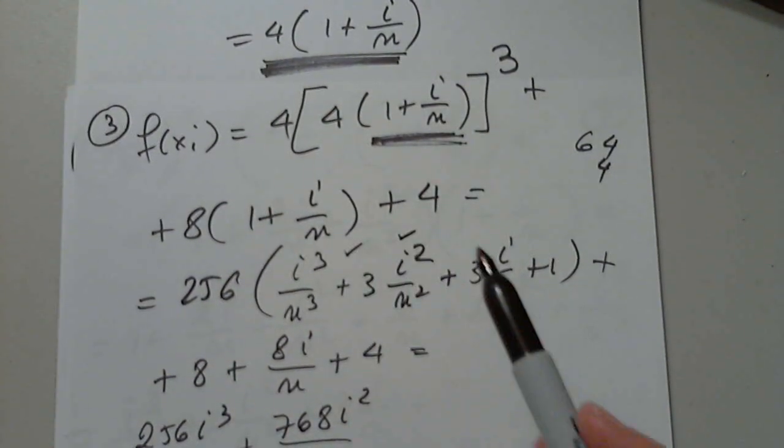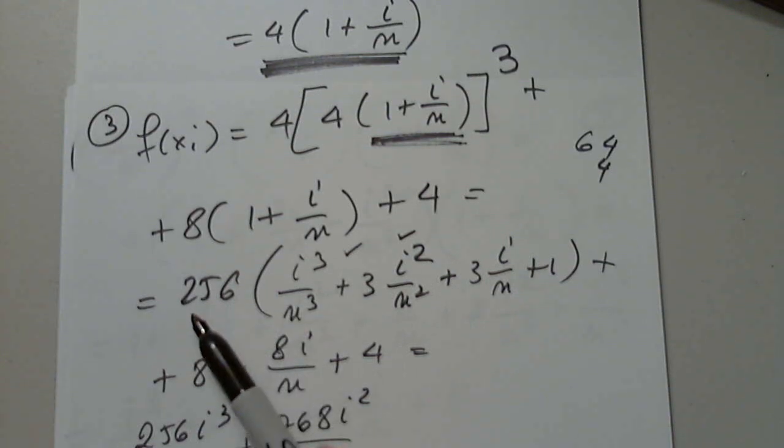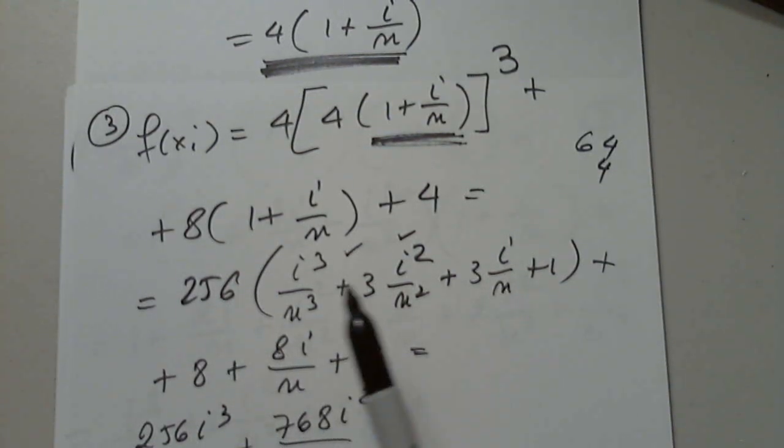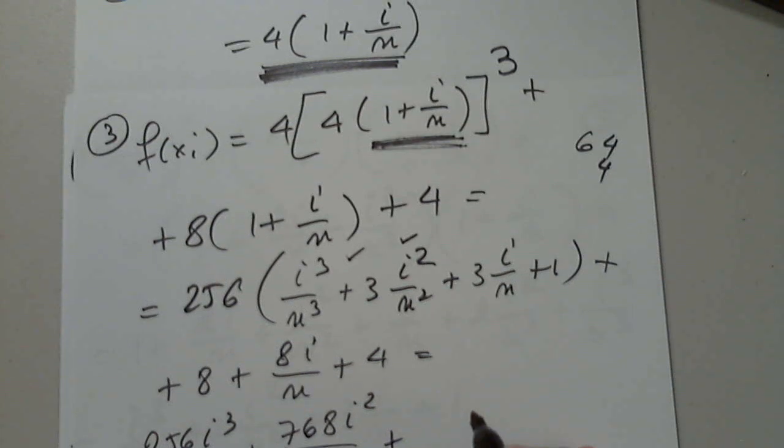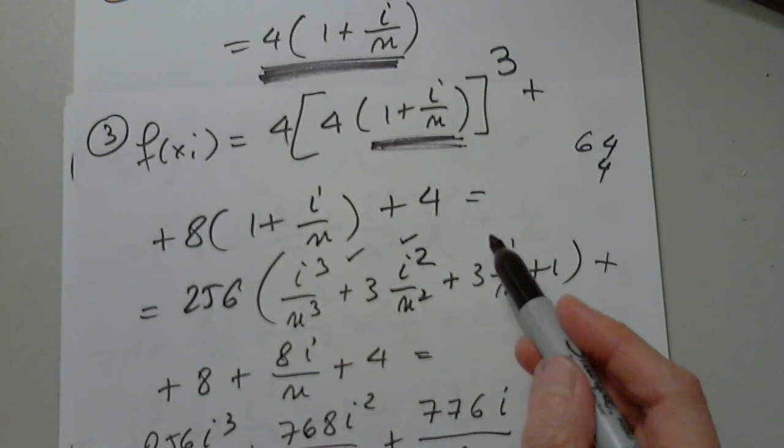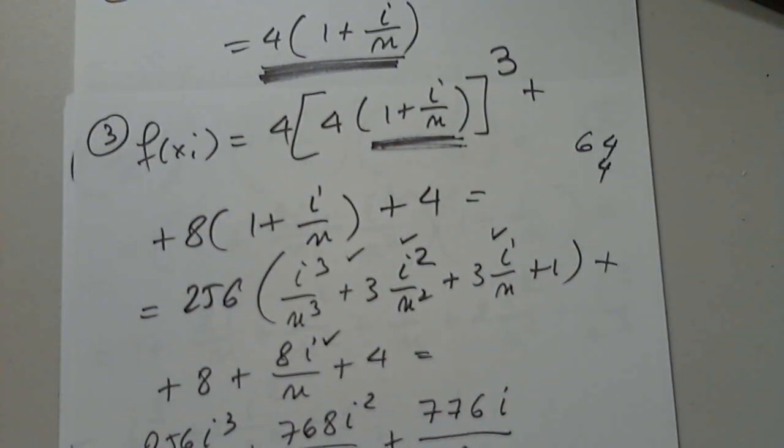So this is done, this is done. Now, this is the same number, 756. This times 3i. And I have to add 8 to it. So, 776 i over n. So now these are done. And now I have 256 plus 4, I have 260, 268.